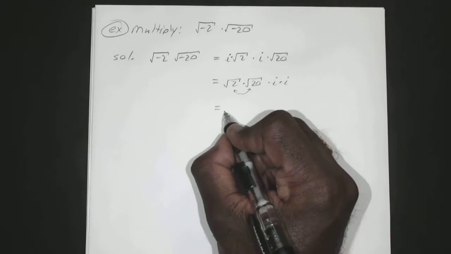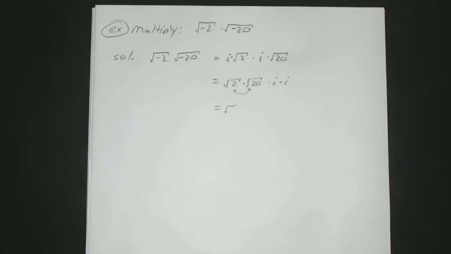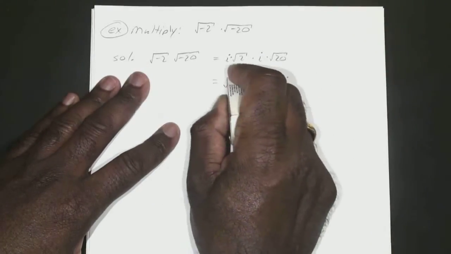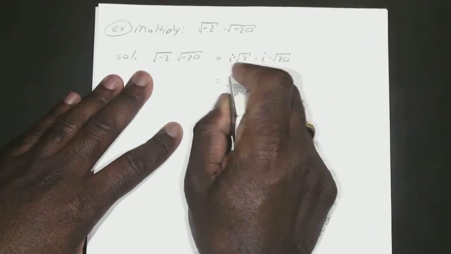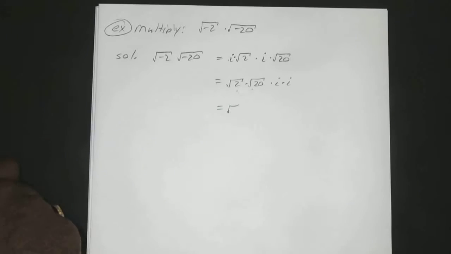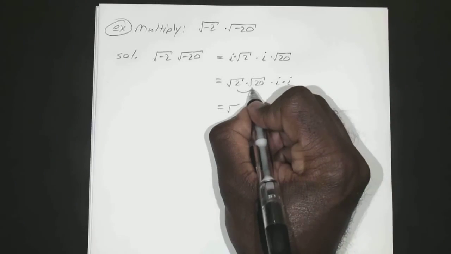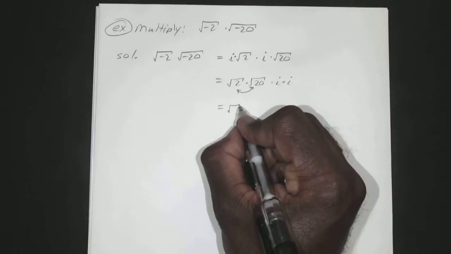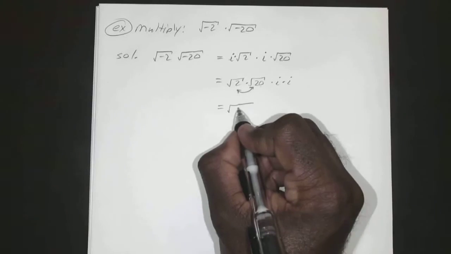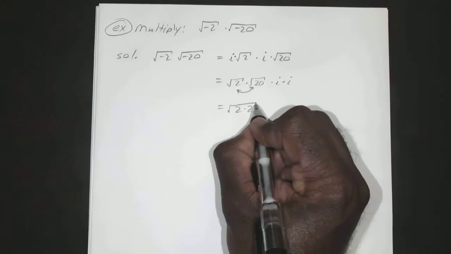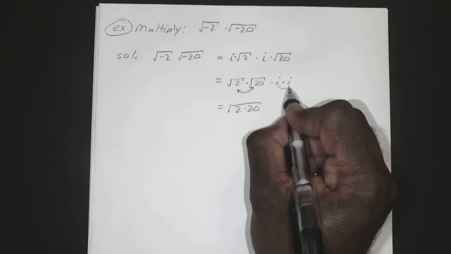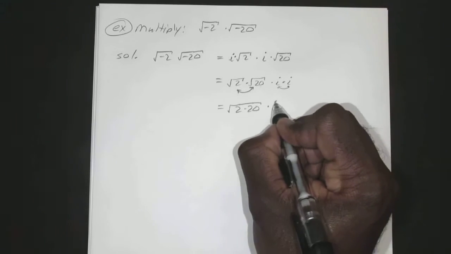Okay, so I think I'll do the 20 first since it's a smaller number, instead of making that square root of 40 and simplifying it. Actually, that will probably work a little better. Okay, so square root of 2 times 20. I'll do it that way. And you have I times I, which is I squared.